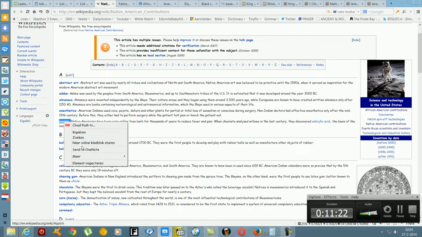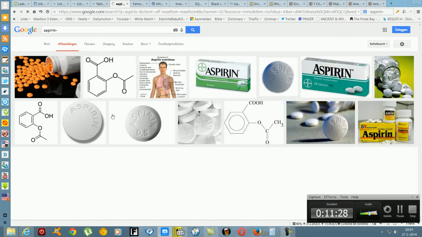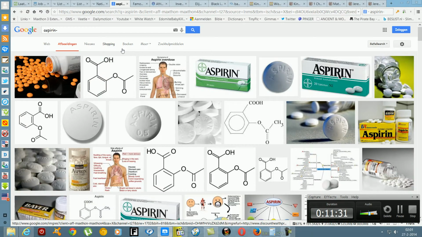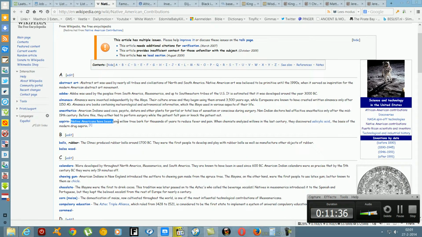Aspirin. Everybody that has a headache uses aspirin, but if you're smart, you're not gonna use an aspirin. You're gonna use water because your brain is just telling you that, yo, I'm dried out. Just help me with some water, my man. Native Americans have been using willow bark for thousands of years to reduce fever and pain. When chemists analyzed willows in the last centuries, they discovered salicylic acid, the basis of the modern drug aspirin.